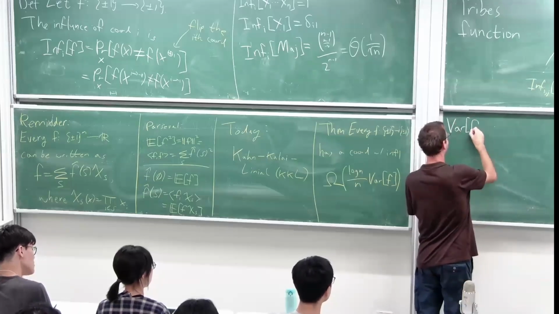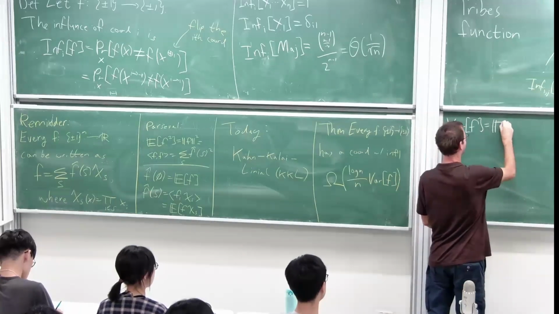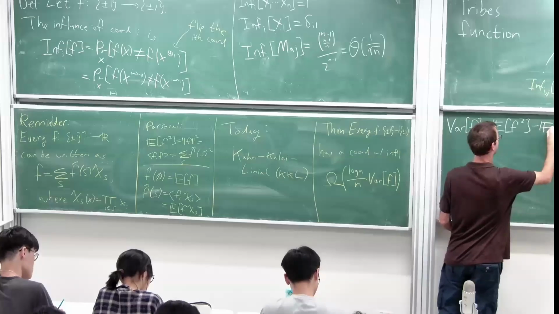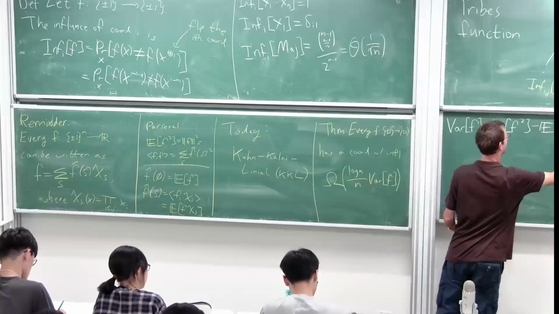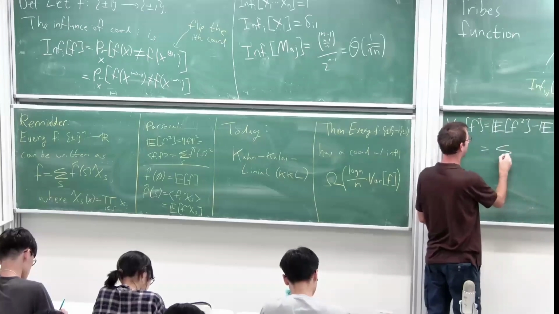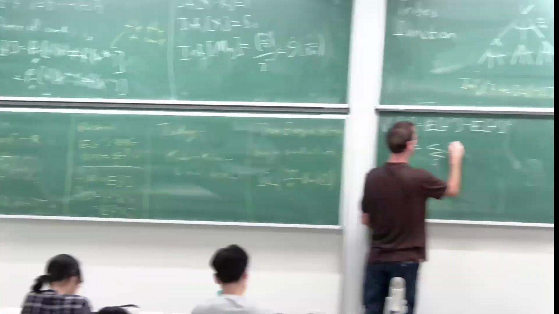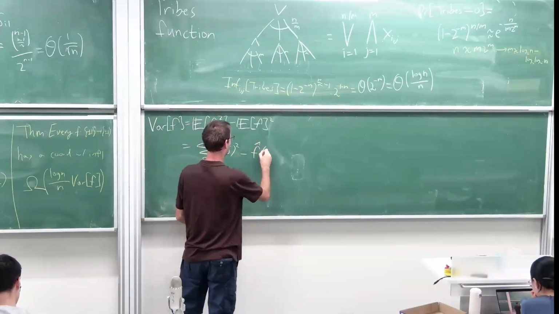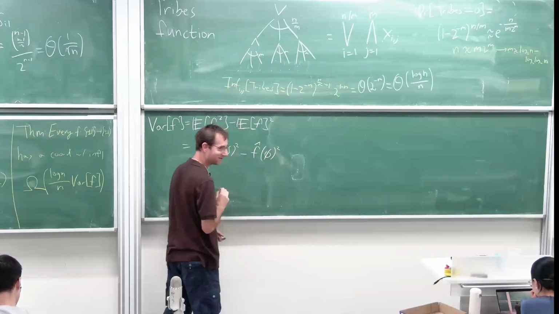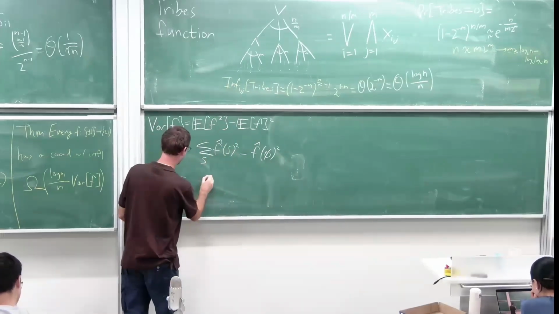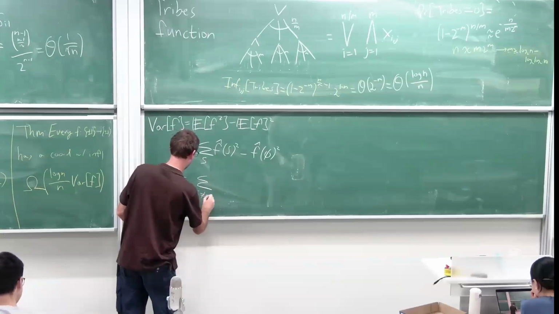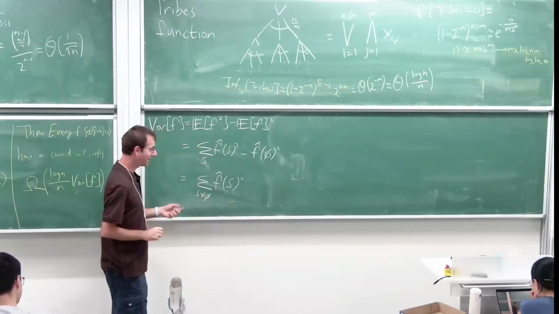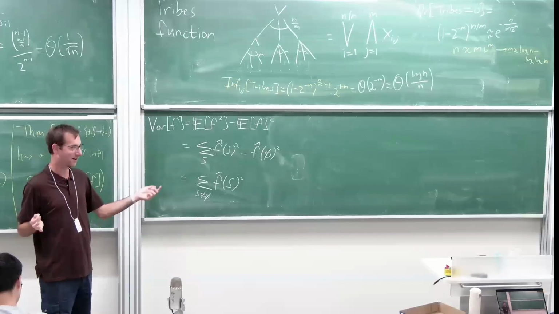The variance of f, the expectation of f squared minus the square of the expectation of f, is the sum over all S of f hat of S squared minus f hat of the empty set squared, which is the sum over all S other than the empty set of f hat of S squared. This is an example of a Fourier formula, in this case for the variance.